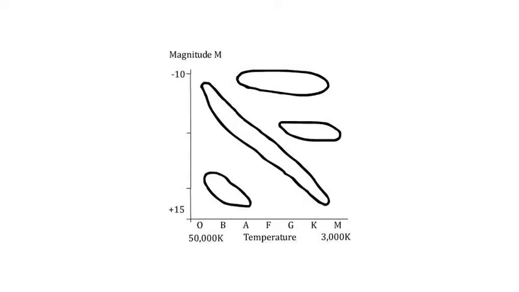Okay, now what are these 3 groups? Well, this big sausage down the middle is called the main sequence. So that is the main sequence. Okay, I'm just going to call it MS for now. Now, it isn't a sequence, okay?